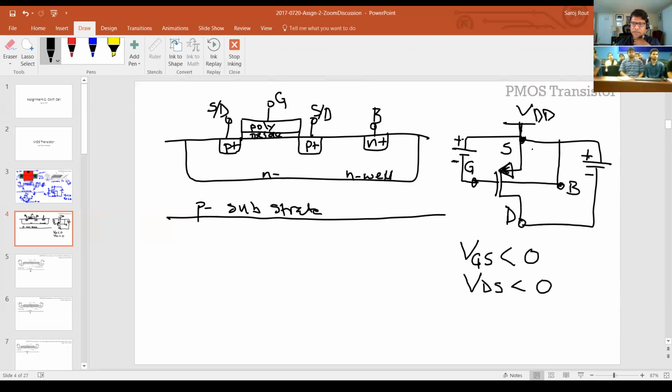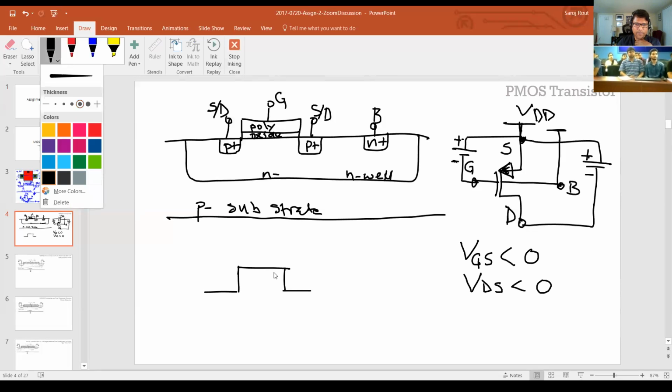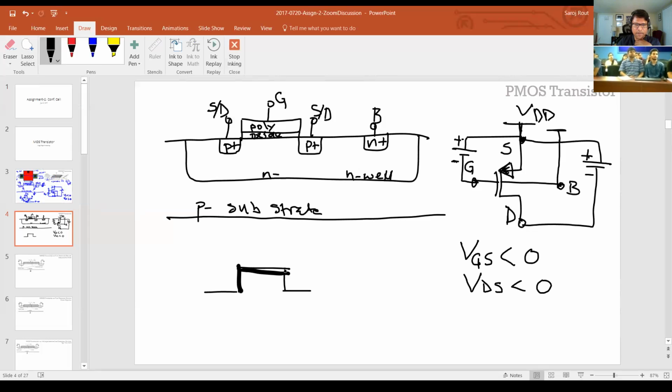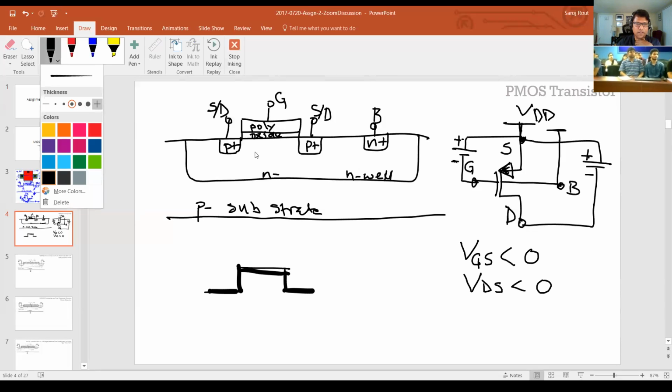So let's say these nodes are something else, like if you have a switch, then the bulk is connected to VDD, similar to NMOS.